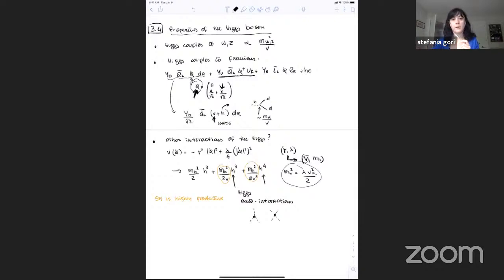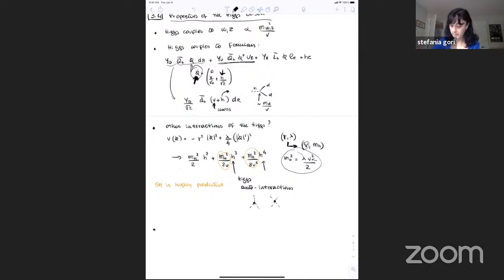But from these notes, we see that we don't have any coupling of the Higgs with massless gauge bosons. And this is the last bullet point I wanted to discuss in this context.